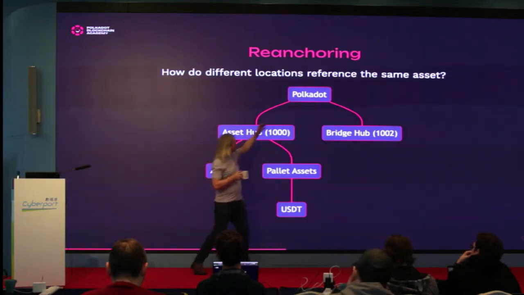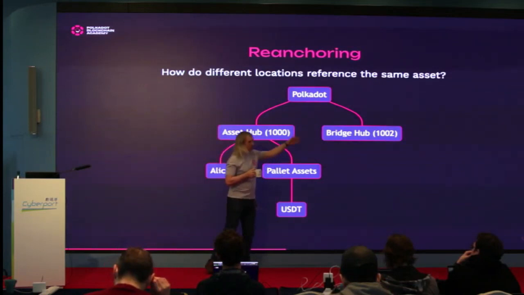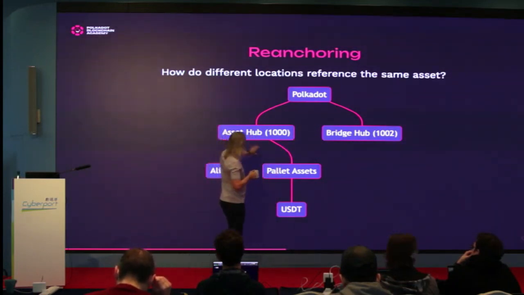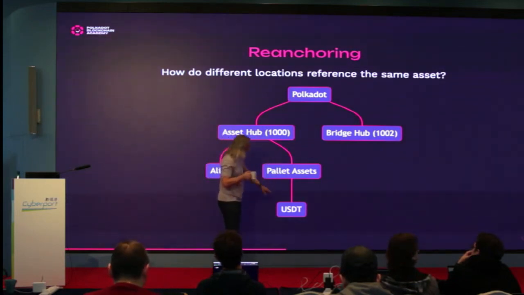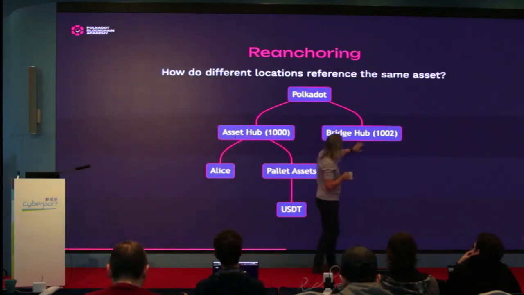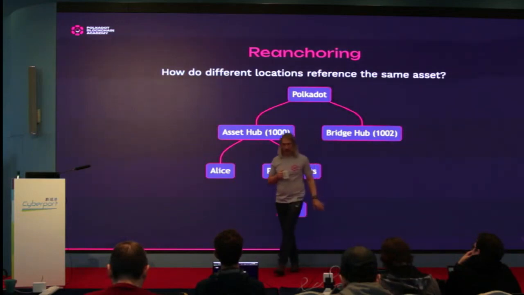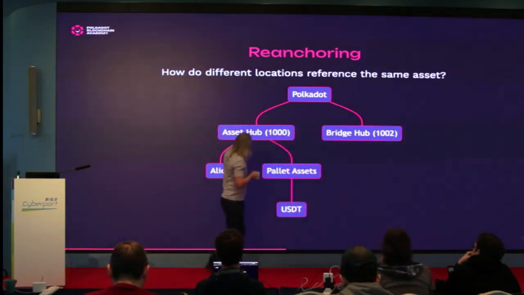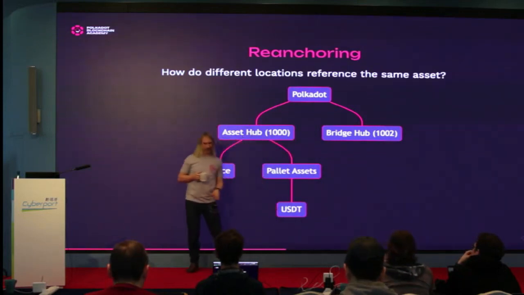But when it eventually gets received, it's going to be a different thing. It will be identified here as Pallet Assets USDT. Well, if we were to send that asset over here, it would be identified as Bridge Hub's Pallet Assets USDT. Whereas actually what we mean is Asset Hub Pallet Assets USDT.